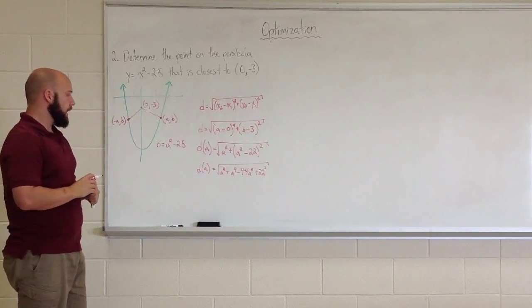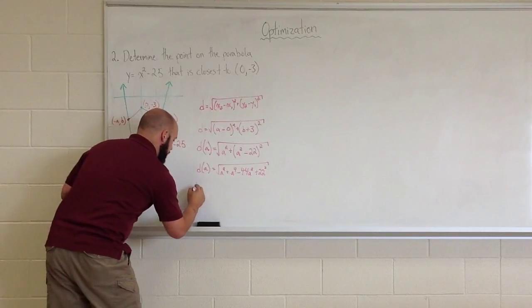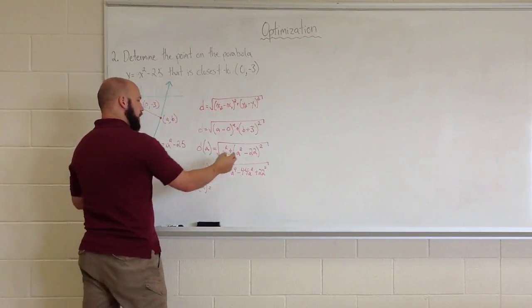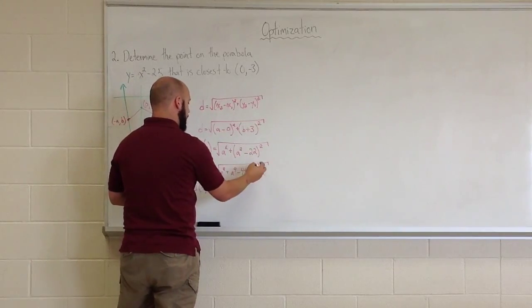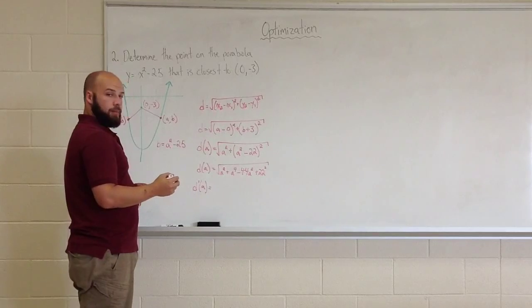And that value there, we can take the derivative of. d prime of a is going to give, because this is a square root, the derivative of the inside over 2 times the square root.